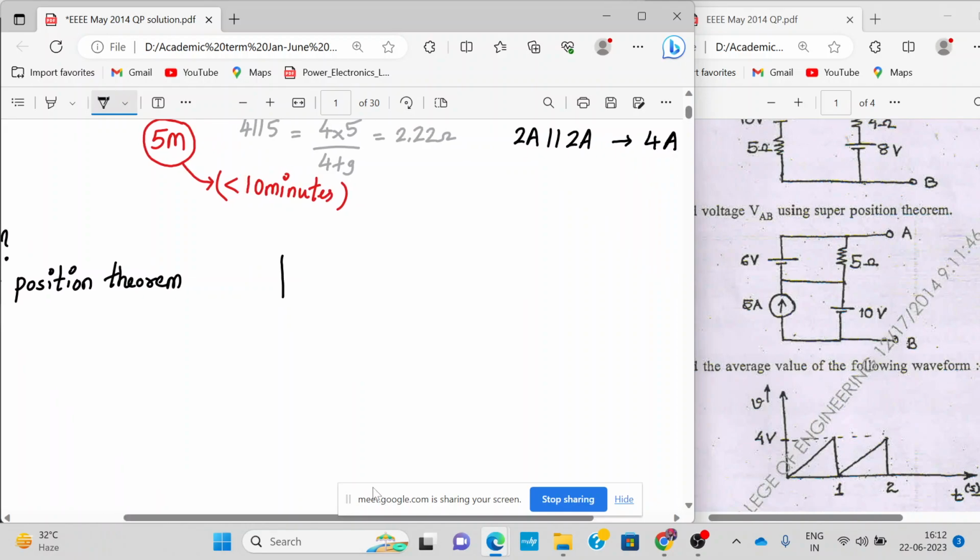We have been given 6 volt over here, then 5 ampere. Here we have 5 ohm resistance. This is 10 volt.